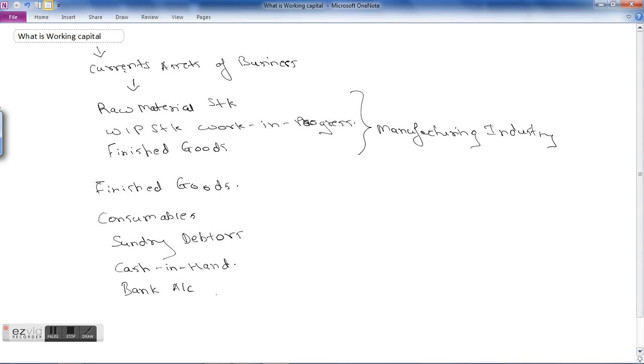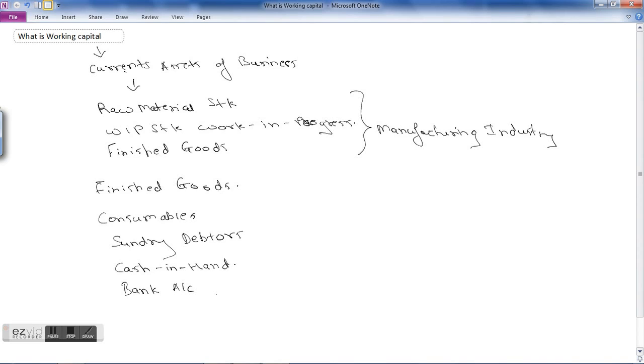There is a certain amount of funds that are required to be tied up in all this: raw material, work in progress, finished goods, consumables, sundry debtors, and cash in hand. Why? Because at every point of time there is a need of using some of this working capital.